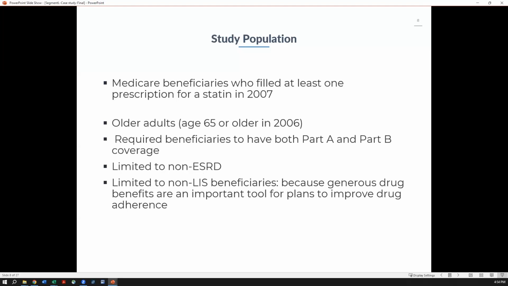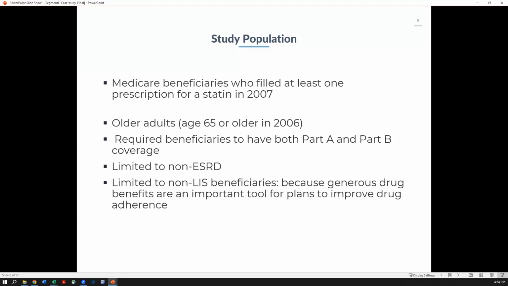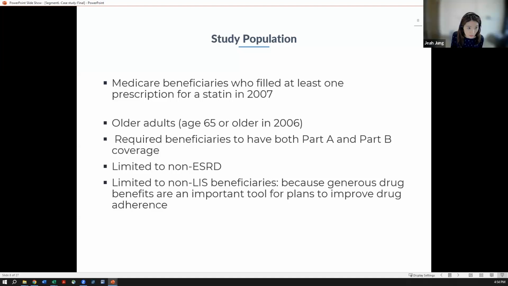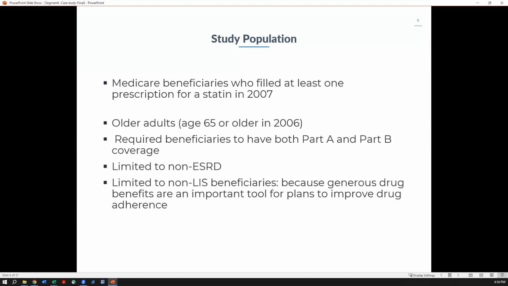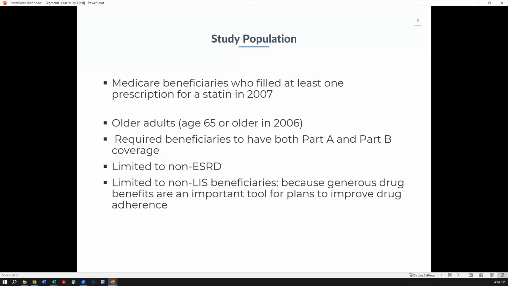Can we not do that if, for example, there is no charge in the LIS amount? Wouldn't those be non-LIS beneficiaries? I'm not sure whether I understood your question. So if there is an LIS amount column in the Part D data, and there's no charge in the LIS amount, wouldn't those be non-LIS beneficiaries?